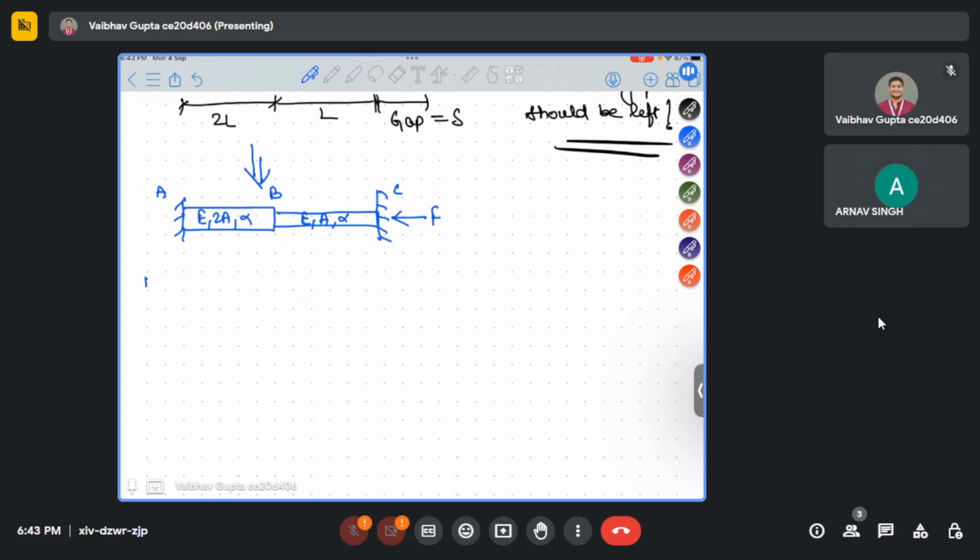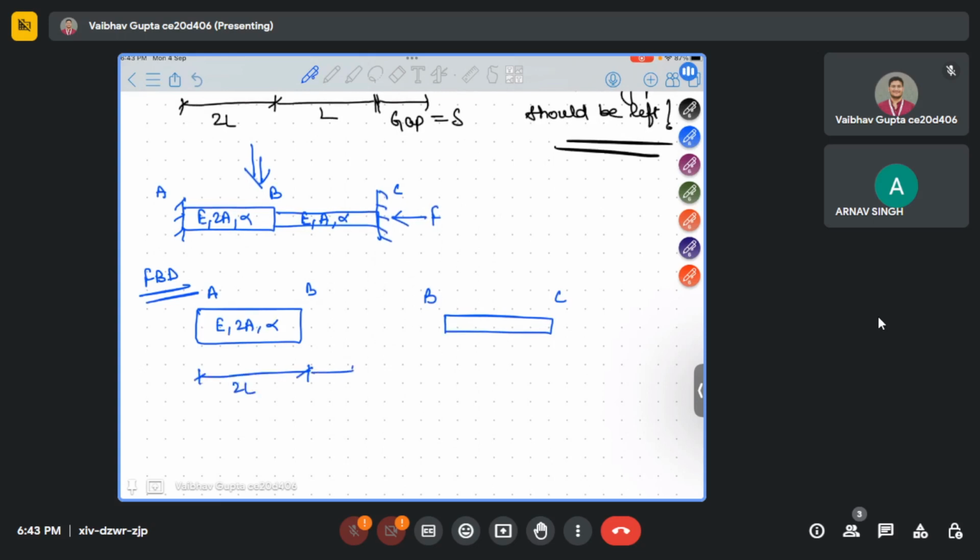So now I will draw the free body diagram. AB is E, 2A, alpha, length 2L. It will change its length to delta B. Similarly delta B here, delta C here.